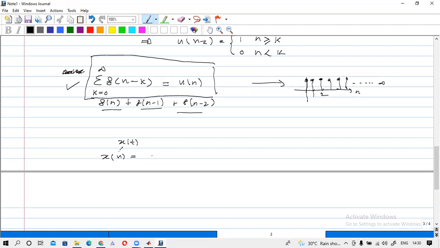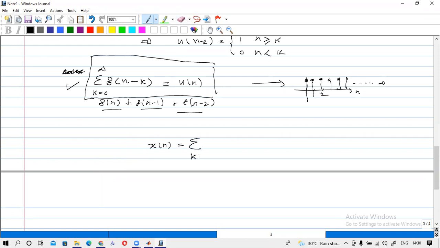Here t is from minus infinity to plus infinity, x(t) delta(t minus tau). But I think it is better to avoid t, because t is normally what we refer to as a continuous variable, and here it is not.